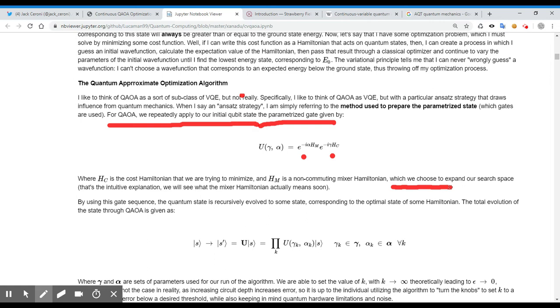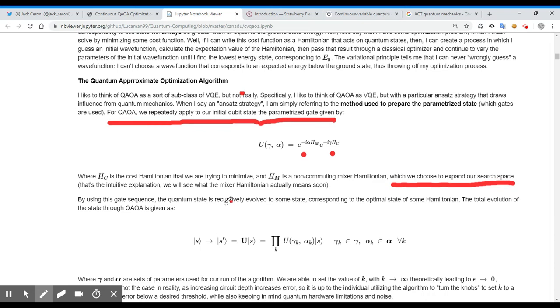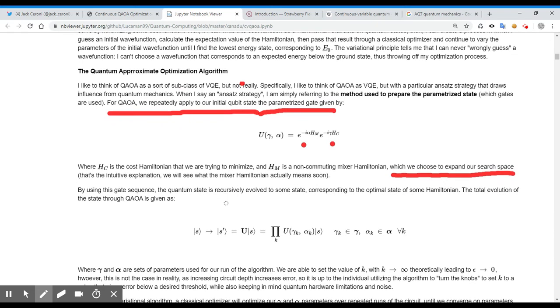It's an interesting way to see it. I think I have mentioned something similar in the past, but I'm not so sure that's straightforward to understand. That's the intuitive explanation. We'll see what the mixer Hamiltonian actually means soon.